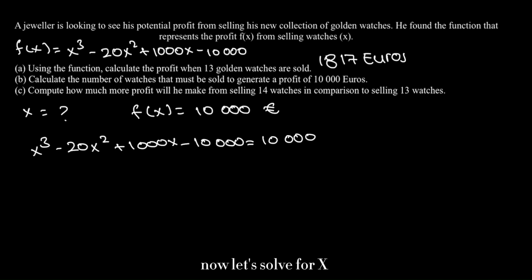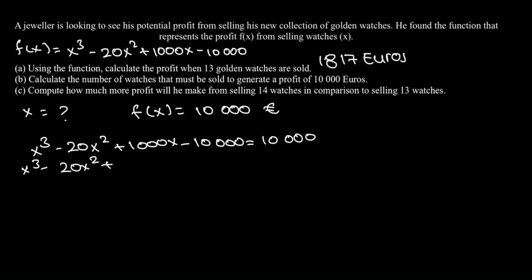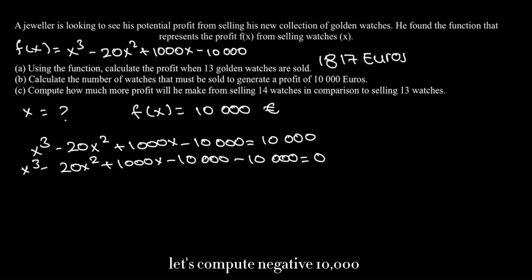Now let's solve for x by subtracting 10,000 from both sides of the equation. Let's compute. Negative 10,000 take away 10,000 is negative 20,000.